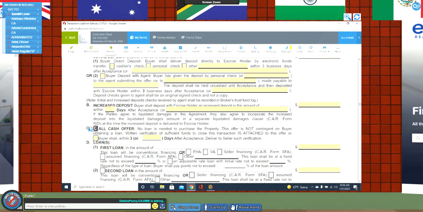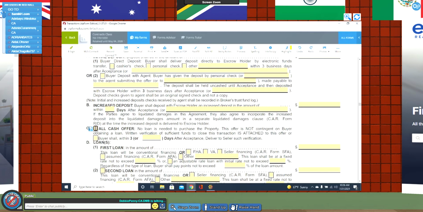Written verification of sufficient funds to close this transaction is attached to this offer, or if this box is checked, the buyer shall within 3 days after acceptance deliver to seller such verification. Guys, get into the habit of having all of this stuff ready to go with your offer.